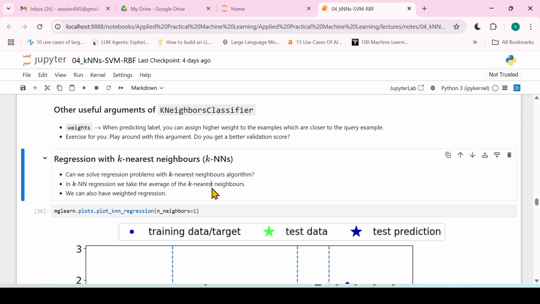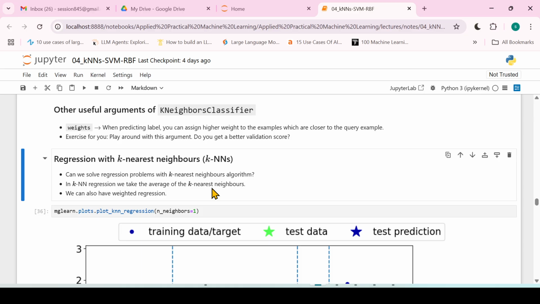Now let's see how this KNN can be used for the regression task. So the question is, now we have solved the problems of classification with the k-neighbor algorithm, can we again solve the regression task with it? In classification, we have used the voting technique.